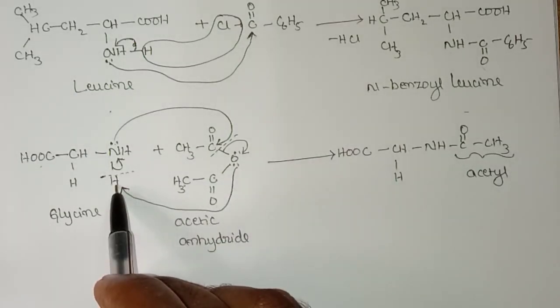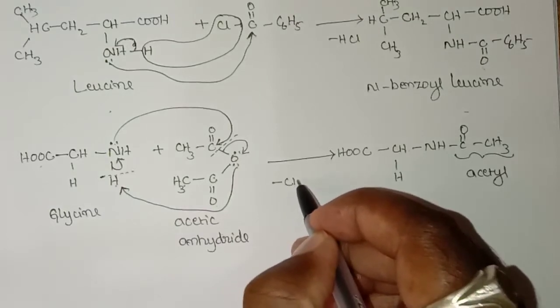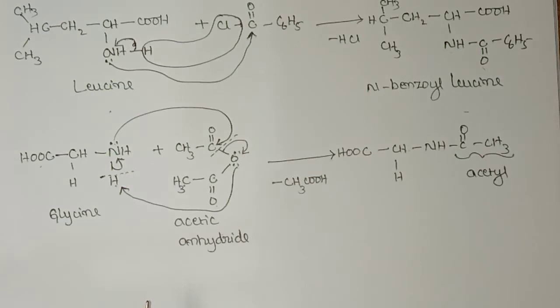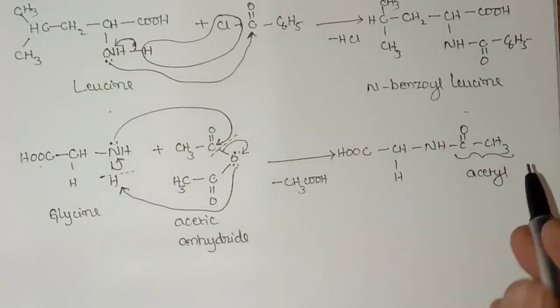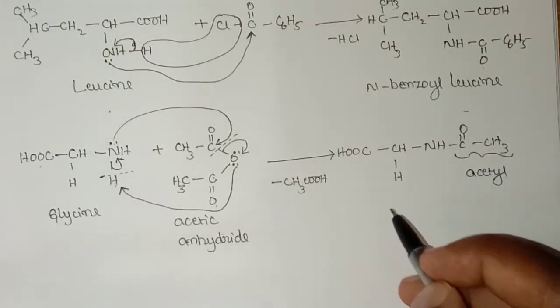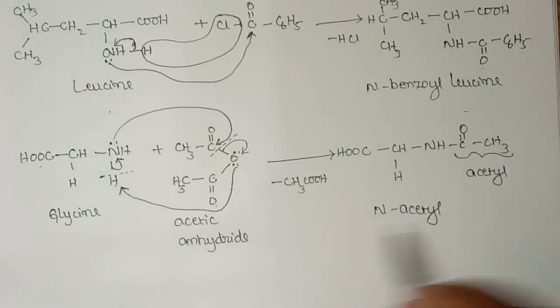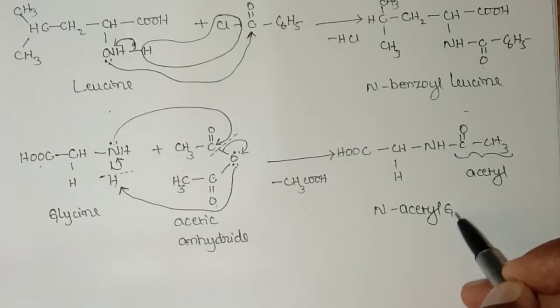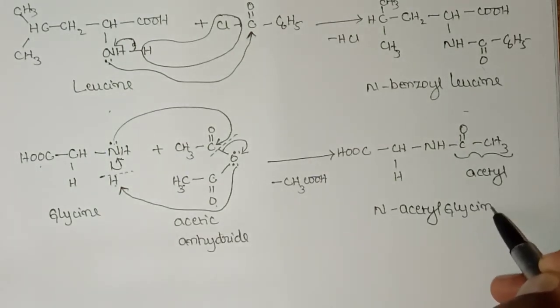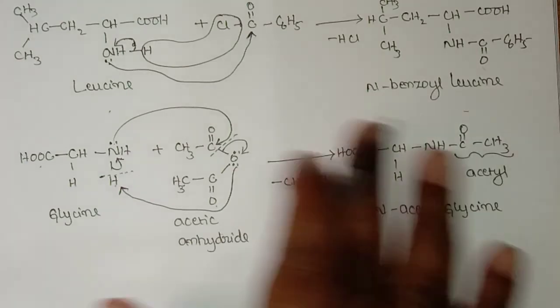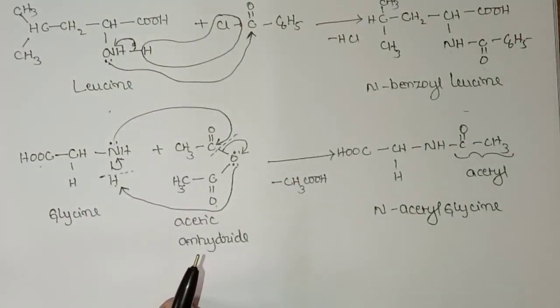Upon accepting this hydrogen, it's going to eliminate CH3COOH. So acetic acid is going to be eliminated, and the substituted group is the acetyl group. So it is N-acetyl, and the amino acid taken is glycine. So the name of the material is N-acetyl glycine. So that's about the acylation reaction of the amino acids.